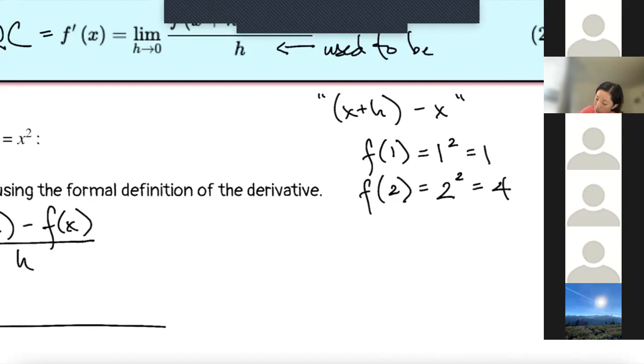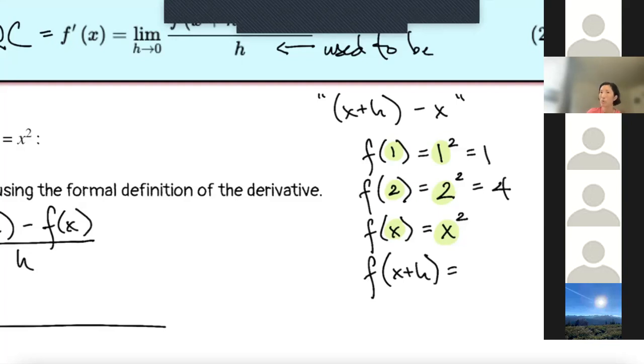So whatever our input is, we're going to take that and we're going to square it. So if our input is 1, we do 1 squared. If our input is 2, we do 2 squared. If our input is x, what do we get? Yeah, x squared, right? Because we take our input and we square it. What about this?